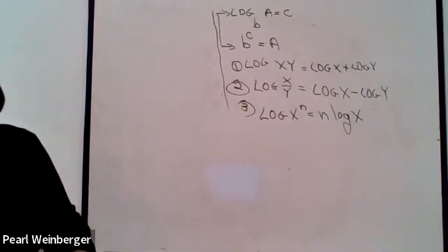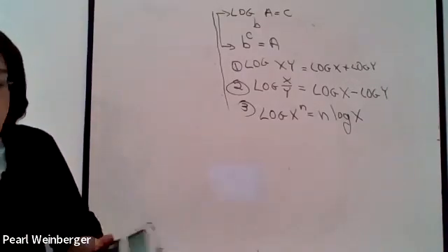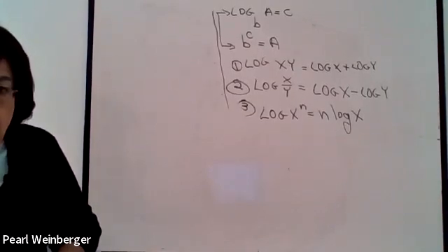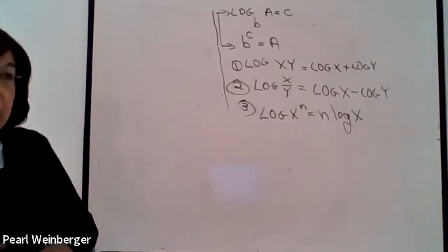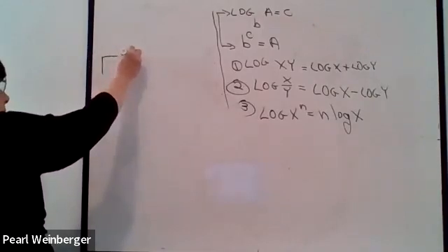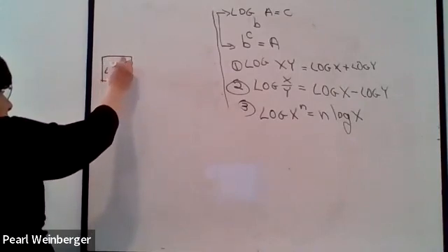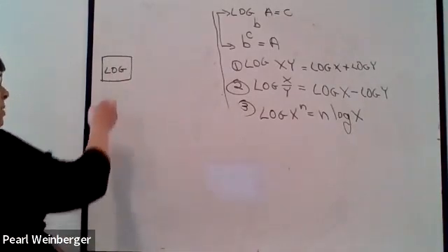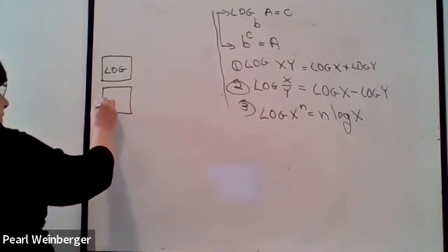But before I do that, I want to explain to you what you're going to see on your calculator. Now, I can't exactly tell you where your log buttons are on your calculator, but usually on a scientific calculator, you'll see one button that says log. And then right near it, either above or below it or next to it, you'll see another button that says ln.